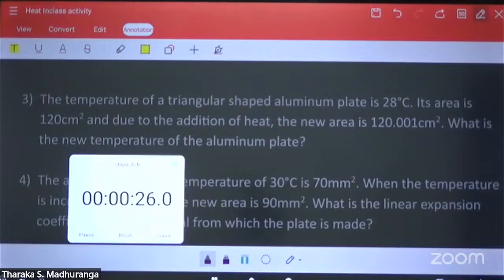Get the temperature. The final temperature is asked. Get the temperature and send me answers. It's a different kind of question using the same equations, but now you can do this type of question. You have 3 minutes. Quickly get values and send.